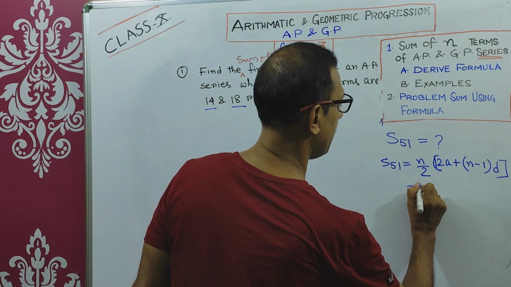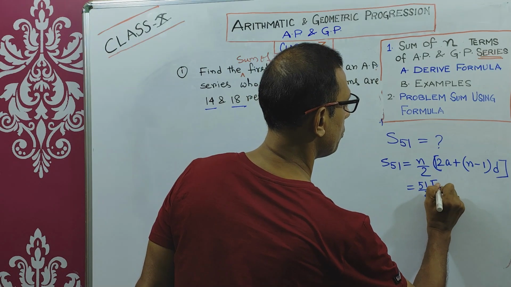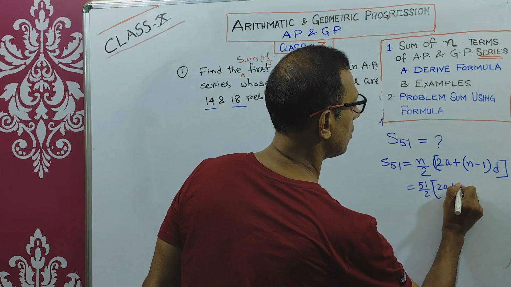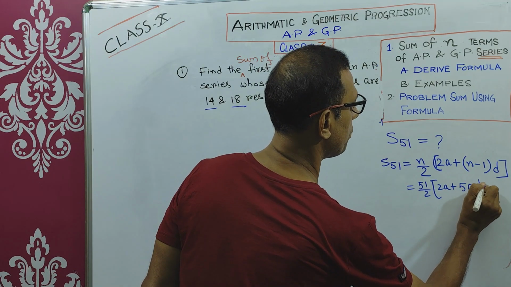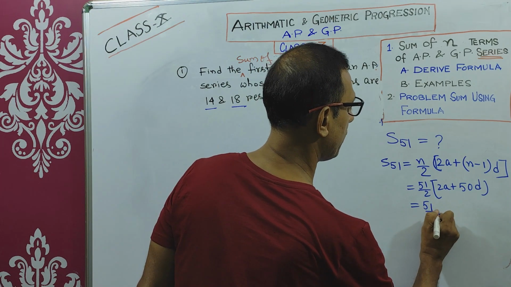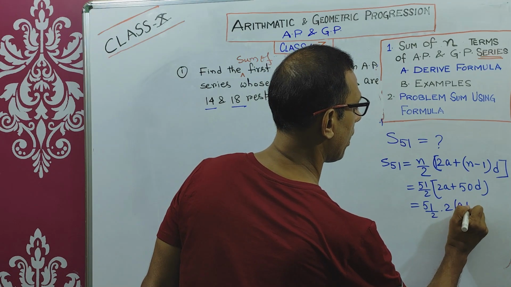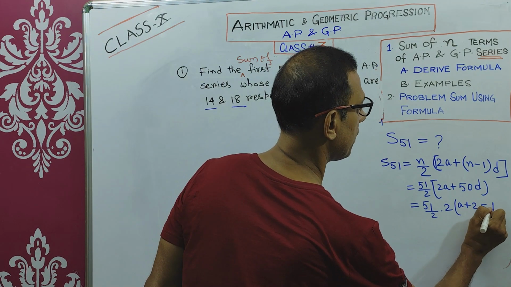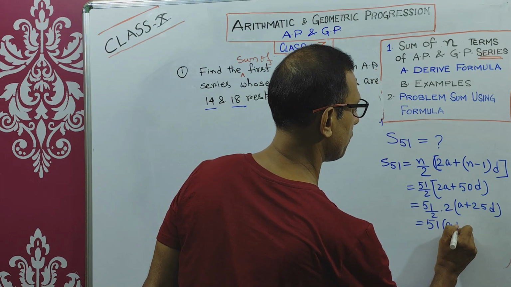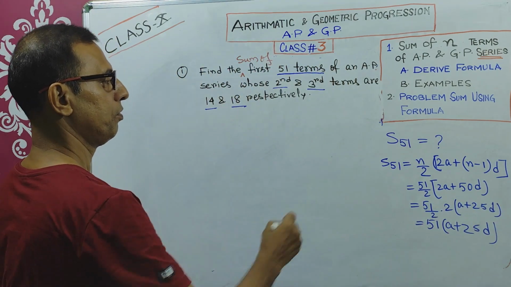So it will be 51 by 2 into 2a plus 51 minus 1, that is 50, into d. That means 51 by 2 into 2, I am taking common, a plus 25d. So 51 into a plus 25d. That is what you need to find out.